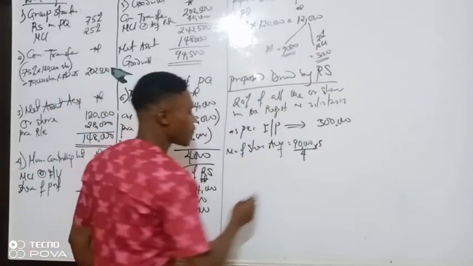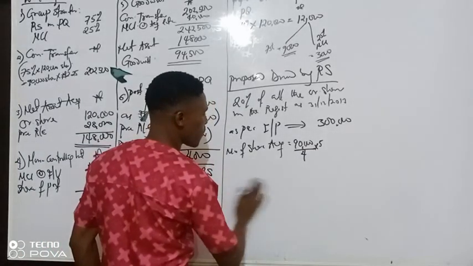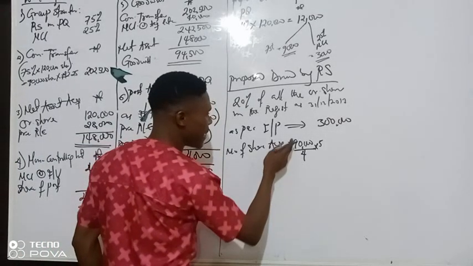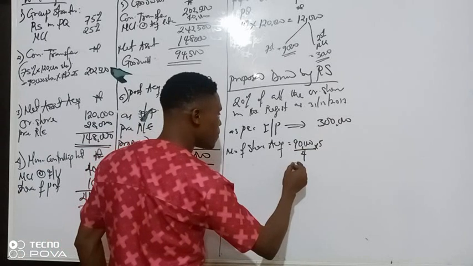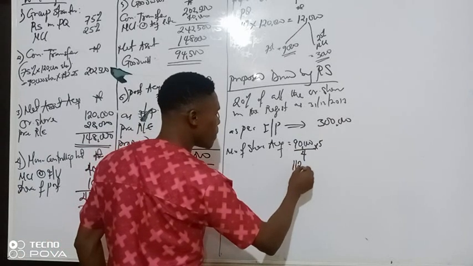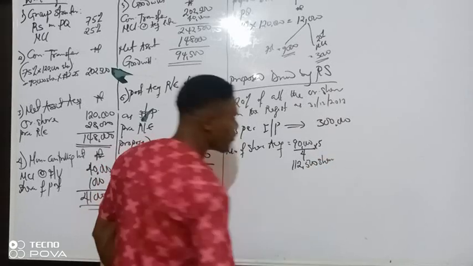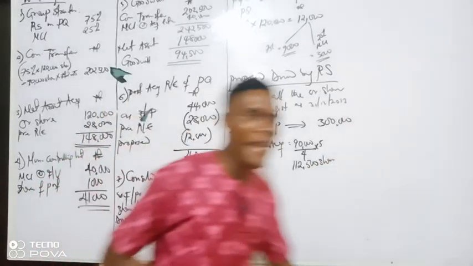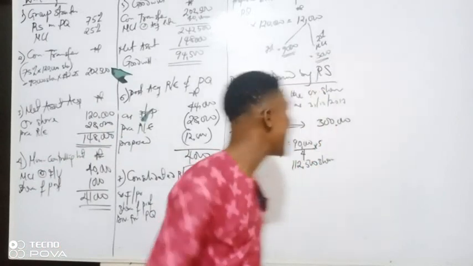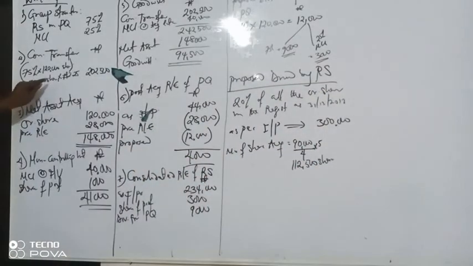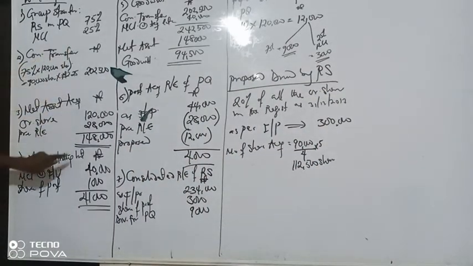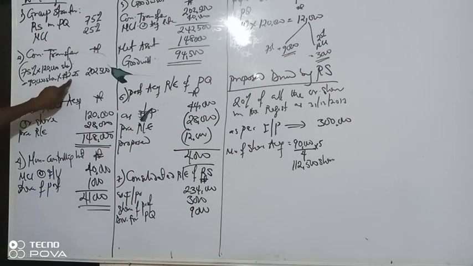How many shares is that? Divide by 4 times 5: 112,500 shares. But please be very careful. When they are paying, they paid how much? 2 naira 25 kobo.